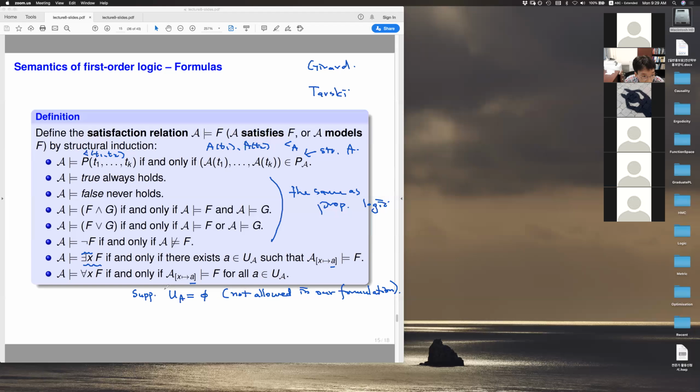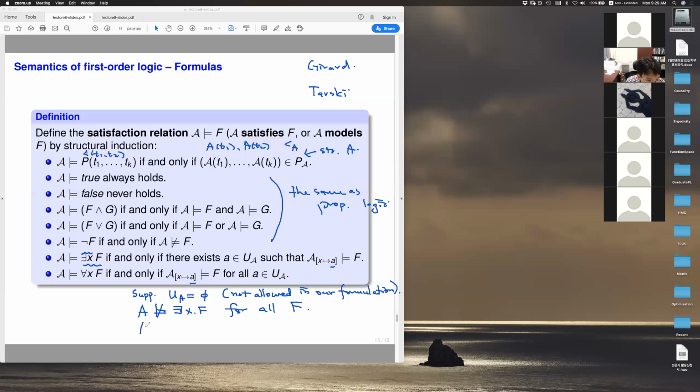If that is an empty set, our structure will never satisfy exists X dot F for all formulas F. So for every formula, this A is not going to satisfy it. That's because we will never be able to find some element in the underlying universe.